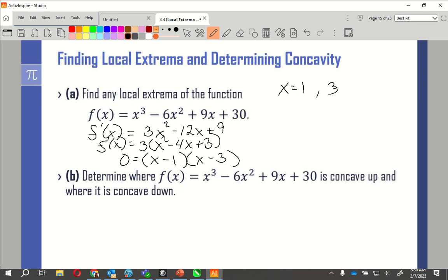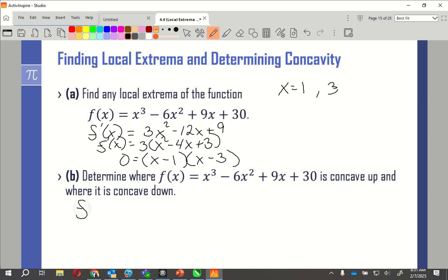Okay. So, using that, I have my critical points. And now I could test my critical points where? Second derivative? Okay, so let's take my derivative and do the second derivative.